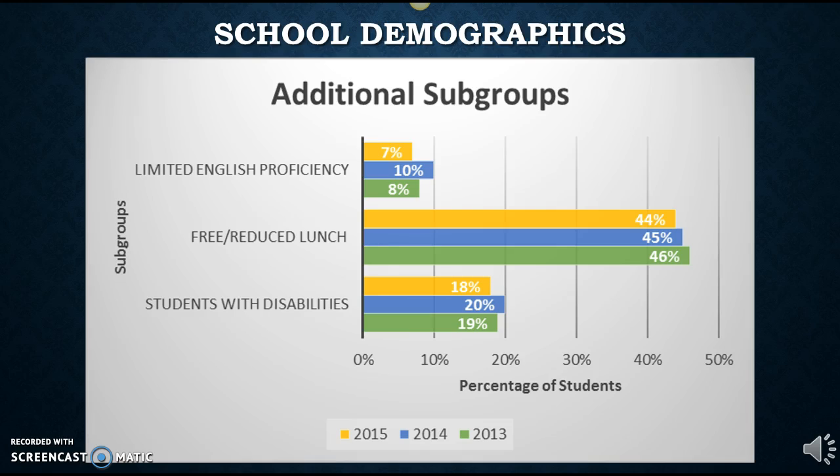So this does really impact Big Shanty in helping those students. We also have a large population of students with disabilities. We have several different units at our school, an MOID unit and an EBD unit, and they do make up a large part of our population also.